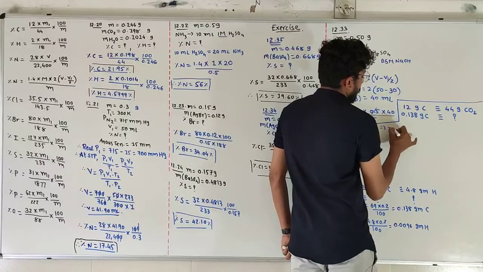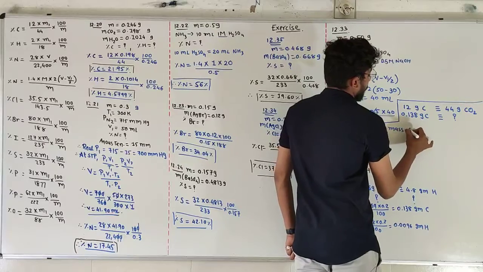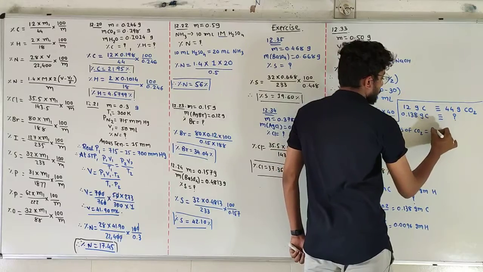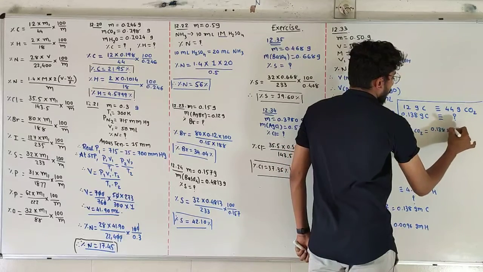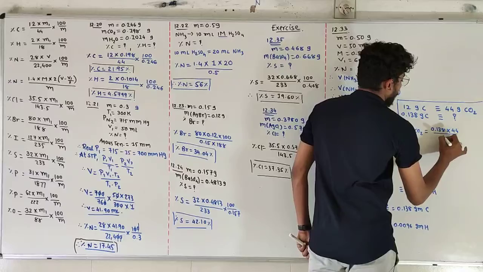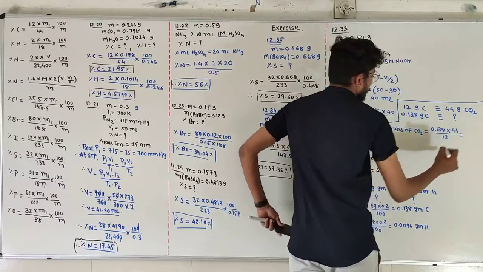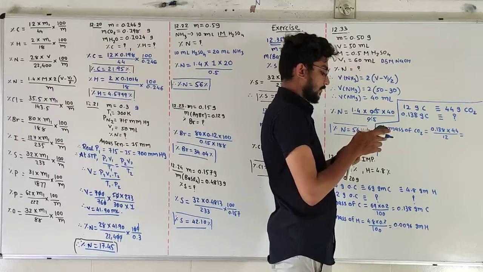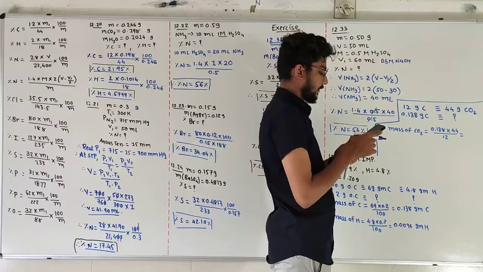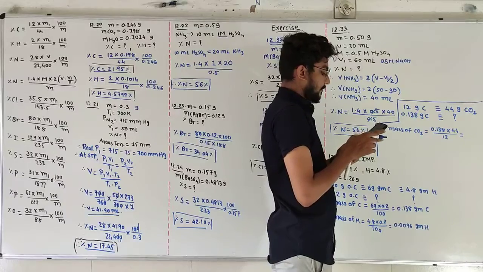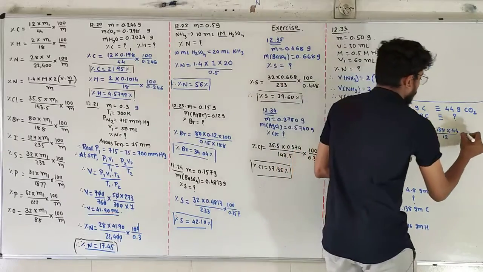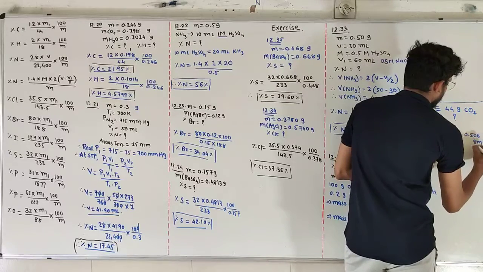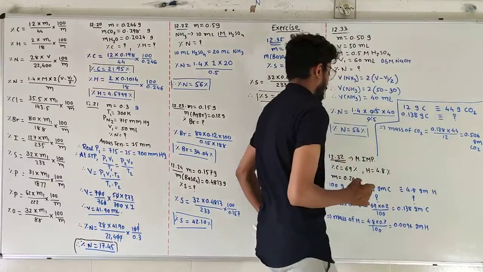Therefore mass of carbon dioxide will be equal to, by cross multiplication, 0.138 into 44 divided by 12, that will be equal to 0.506 gram of carbon dioxide.